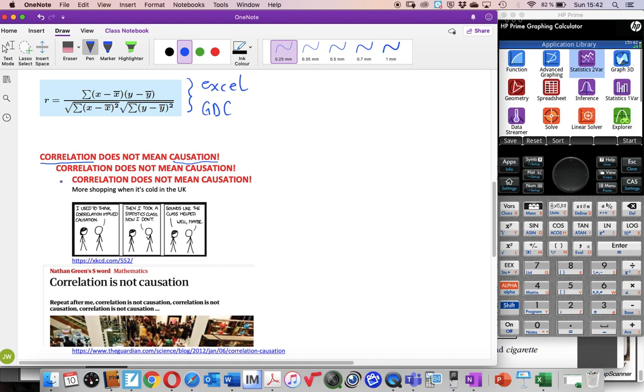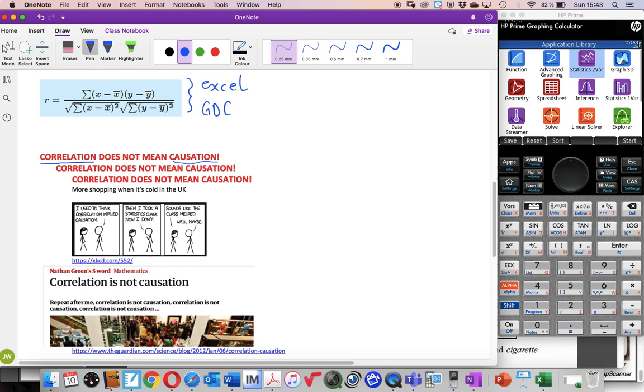A warning word about correlation, and this is one of those warnings before use. If you buy a new product and it tells you under no circumstances put this in a dishwasher or something like this. When you're dealing with correlation, so a relationship between two variables, it doesn't mean that one causes the other, okay?